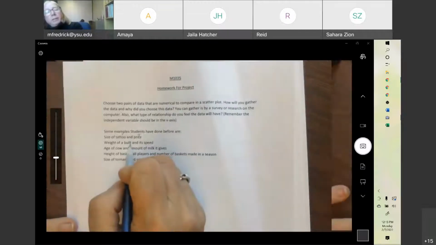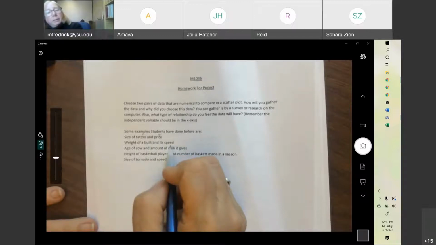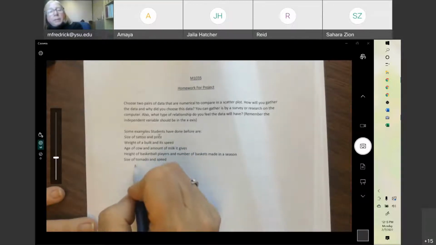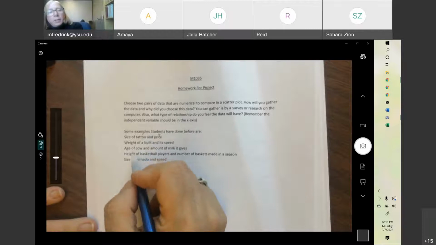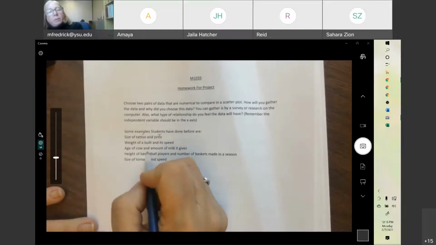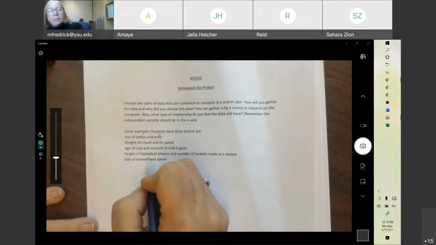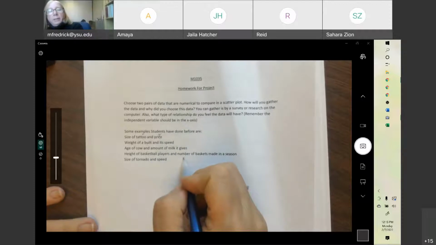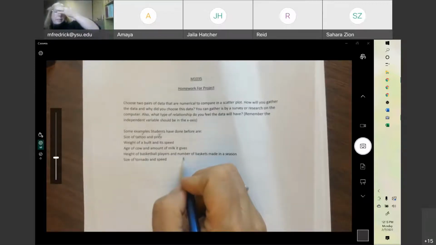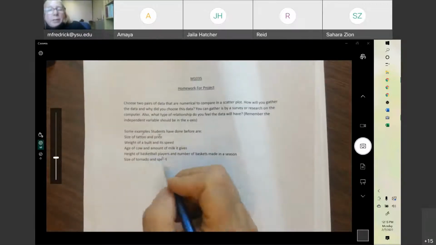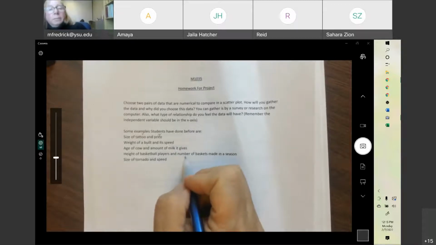So probably the heavier the bullet, the slower the speed. The age of the cow causes the amount of milk. The height of the basketball player, I don't know how strong a relationship that is, but the taller they are, they probably make more baskets. So that would be your X and your Y.